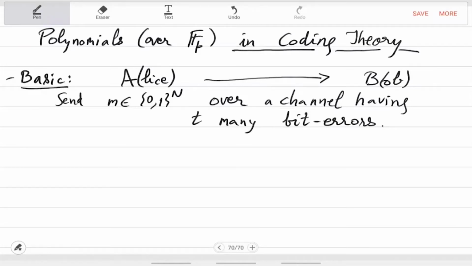But if this was a password or a number, there is no possibility of any intuitive error correction. Even if one bit is lost, the whole message is lost. And actually the errors may be in t bits, and t may be quite dense in n. It is possible that t is 1/3 of n, so 1/3 of the bits are corrupted, and you also don't know which ones.